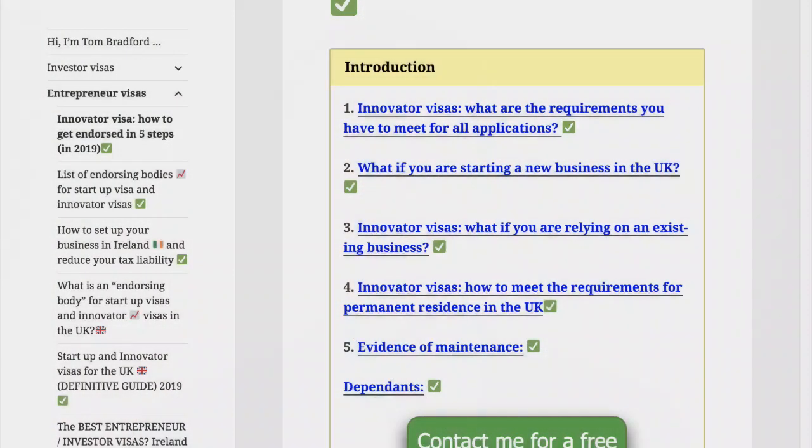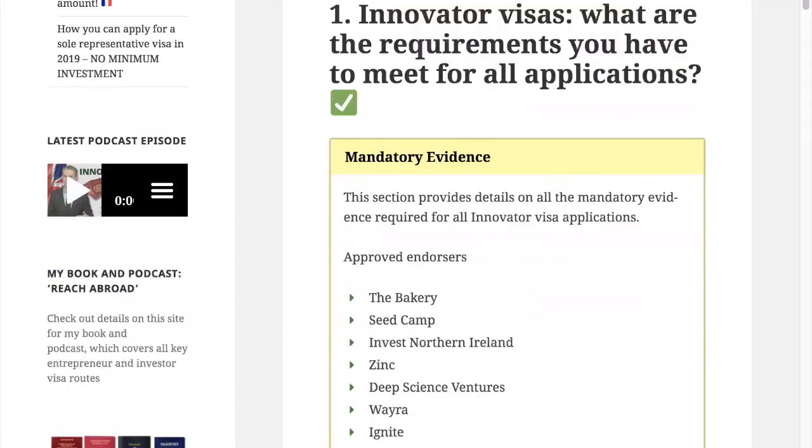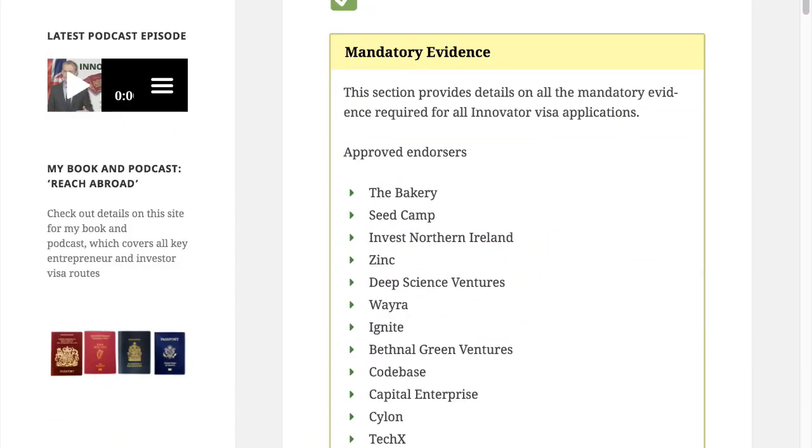I am also in conversation with a university regarding endorsing external candidates. So as well as the list of endorsing bodies for innovator visas, I'll just quickly show you them. So this is just back to my guide here. As I say, you can click the link below.